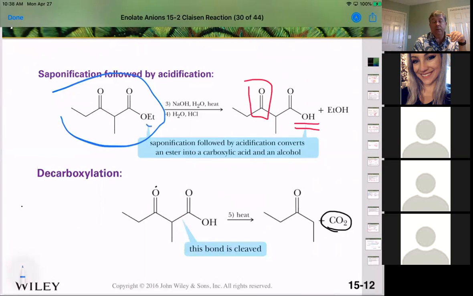It's the fact that if you clip off the ester and give us the carboxylic acid here, you can use that acid to use heat and a little bit of acid to basically remove CO2 and remove that carboxylic acid group.